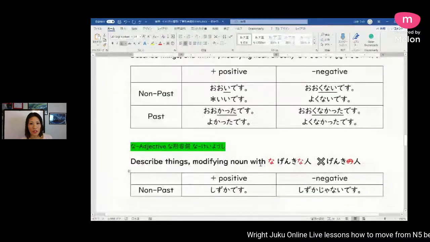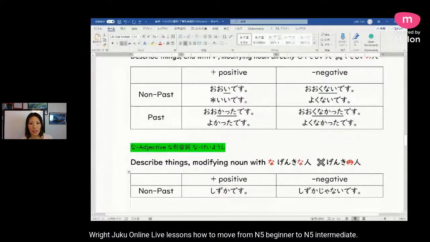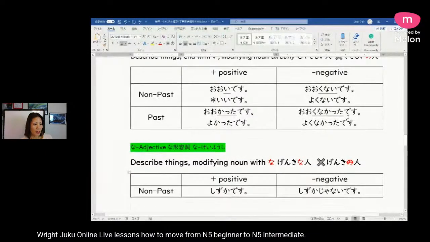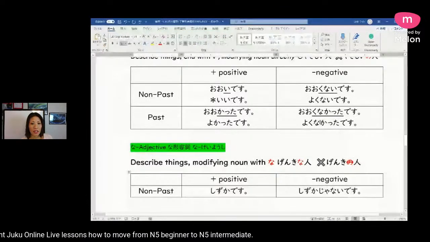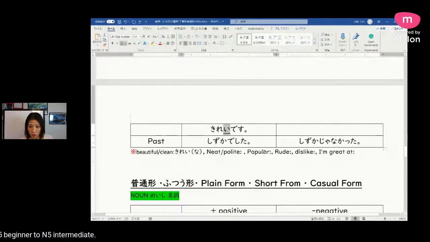So they use it like きれいかったです, きれいくないです, きれいくなかった. But that's wrong. Kirei is actually not an e adjective. So please note that. There are other words here, so let's write them down all together.